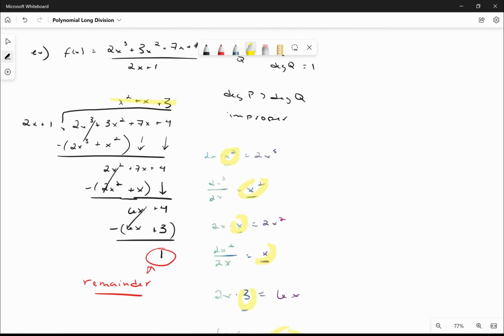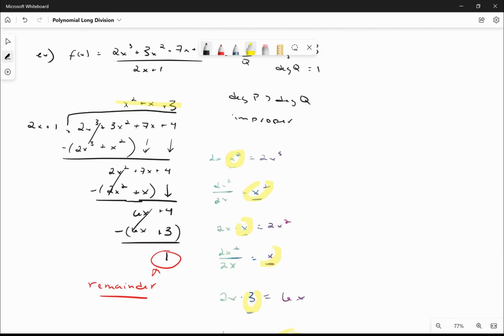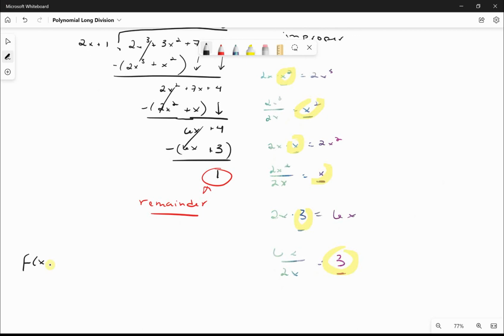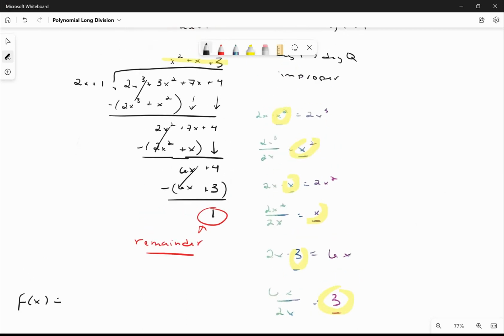So summing this up, maybe I'll go down here, f of x is equal to this x squared plus x plus 3, that's our quotient, plus our remainder, which we have here is 1, over the divisor, so over 2x plus 1.